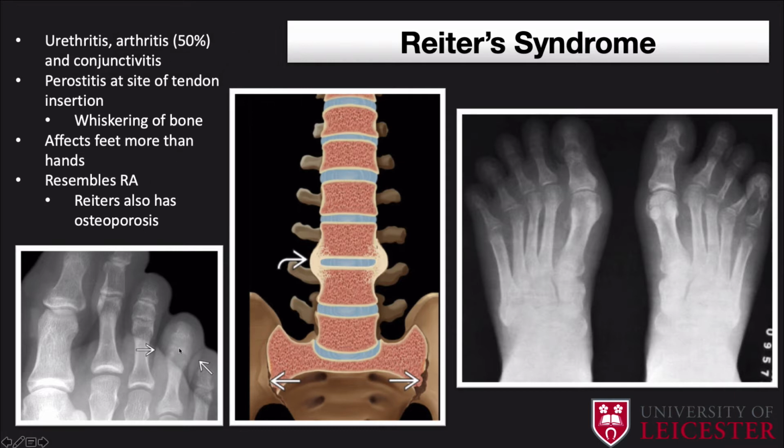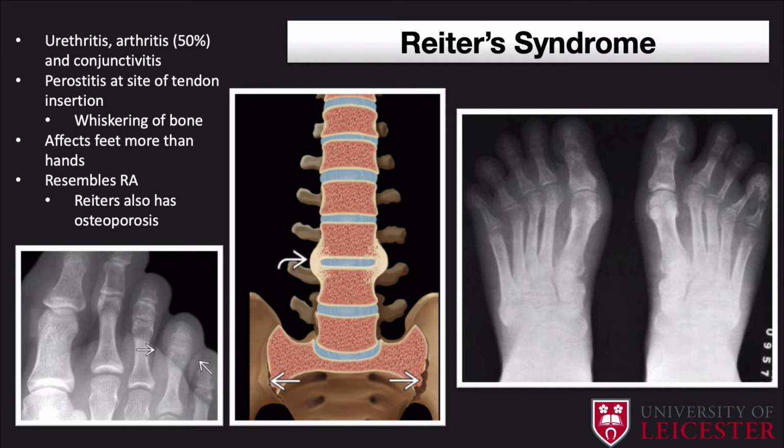But typically, again, as with your psoriatic arthritis, you do get periostitis, and we also refer to this as whiskering of the bone, again more commonly occurring within the feet. It can resemble RA, but remember, Reiters can also have an osteoporotic element, but it's quite rare. So generally, it's quite normal to get normal bone density.